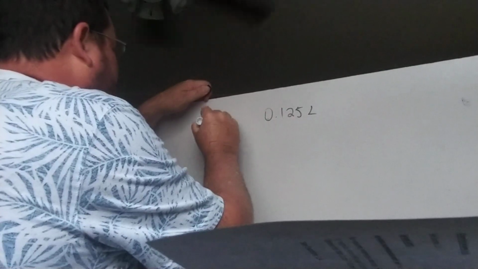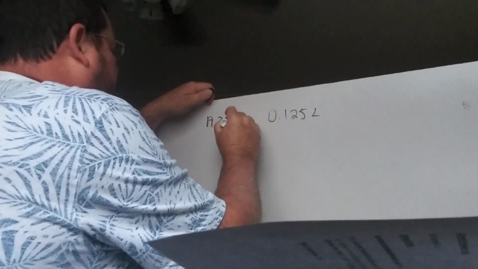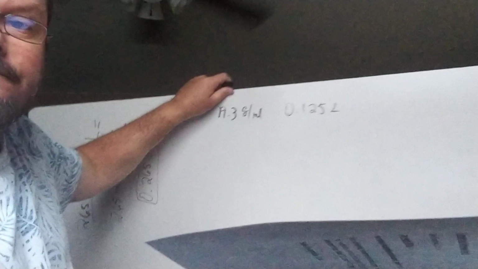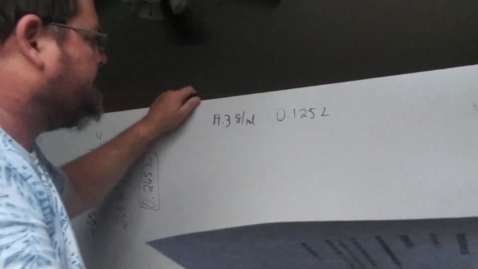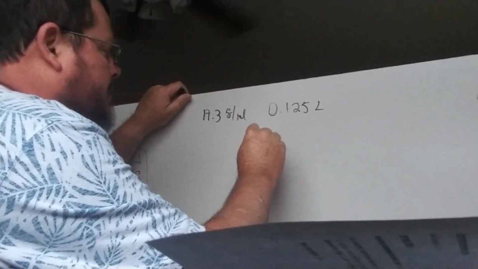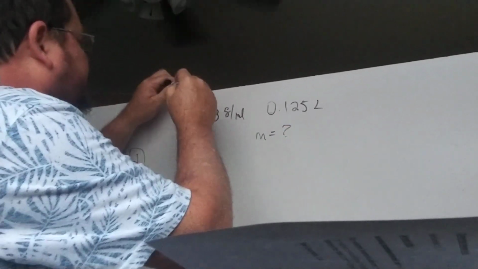And then they told us the density of gold is 19.3 grams per milliliter. Okay? So the question wants to know, what's the mass of this gold nugget?